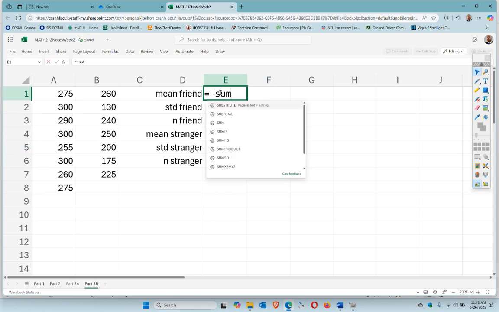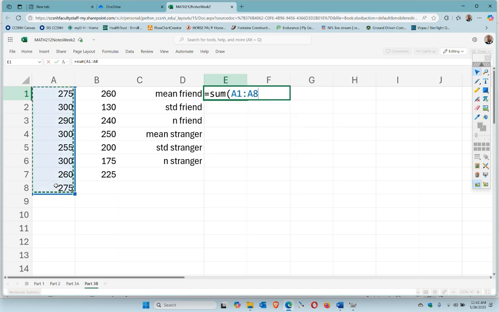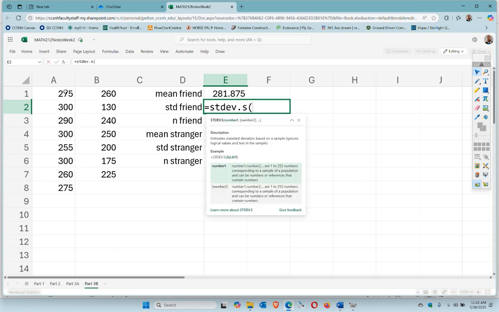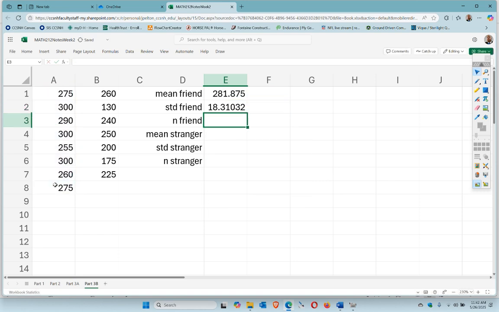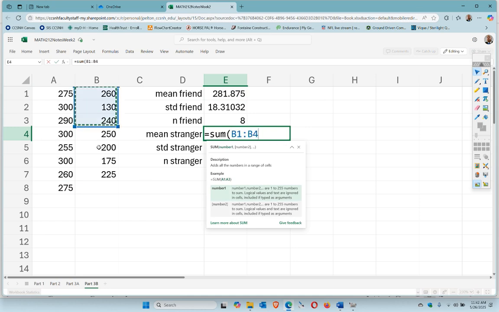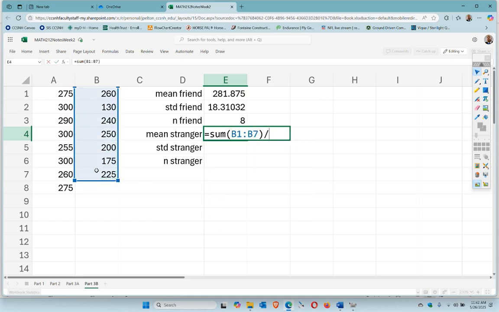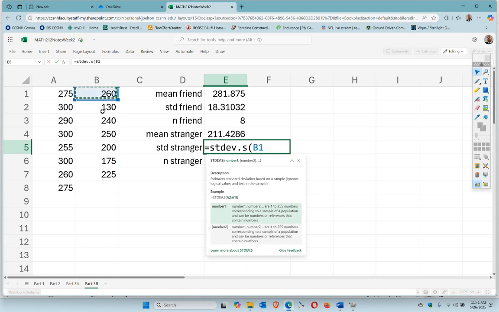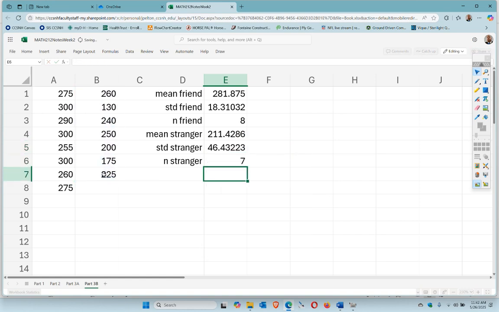Okay, so add them up. The sum of all the friends, and divide that by 8, and then standard deviation dot sample for the friends, and that's clearly 8, and then the sum of the strangers divided by 7, standard deviation dot sample of the strangers, and that's 7. All right, so here's our base values that we need to do a hypothesis test.